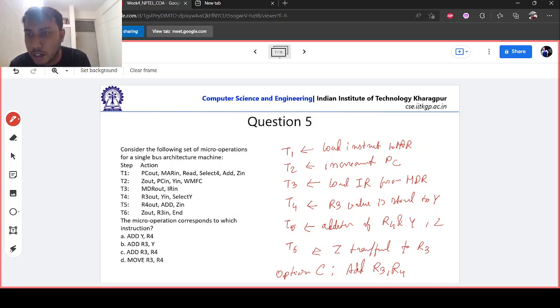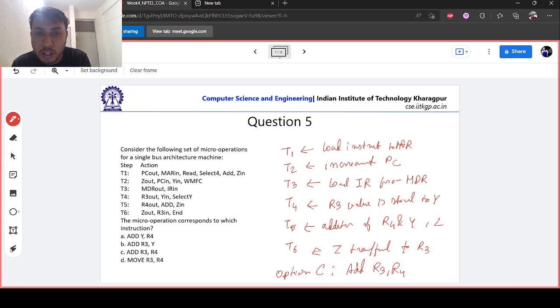So the first timing signal says that PC value is getting stored in MAR. The second state it says it increments the PC to the next instruction. What T3 does is the MDR value gets stored into IR.